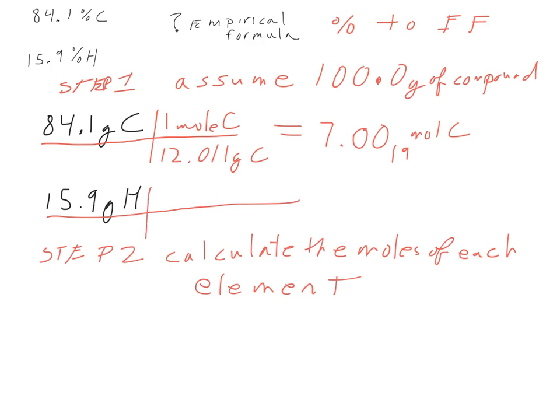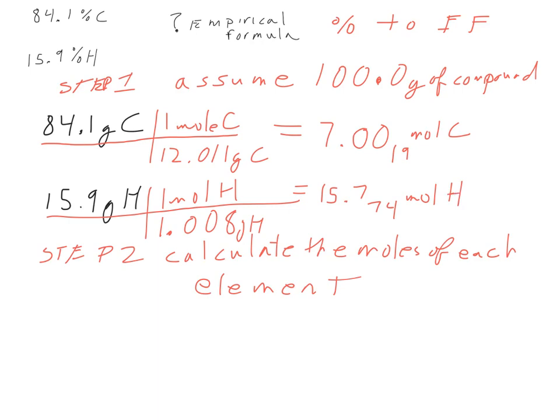Now I do the same for hydrogen. I know that 1 mole of hydrogen, according to my periodic chart, has a mass of 1.008 grams. So that gives me 15.9 divided by 1.008. That gives me 15.774 moles of hydrogen.